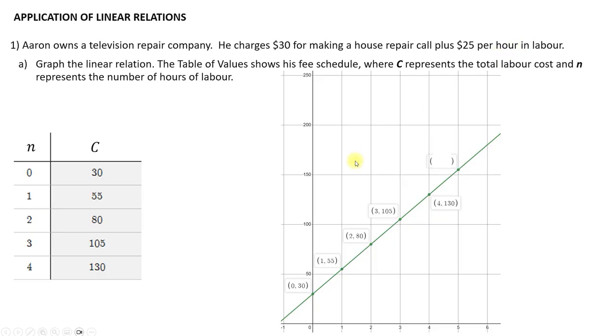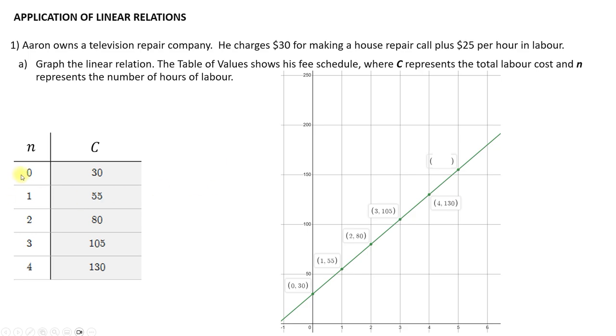So here we have a situation where the x-axis represents the number of hours, and the y-axis represents the cost that Aaron will charge for repairing whatever appliance he happens to be repairing.